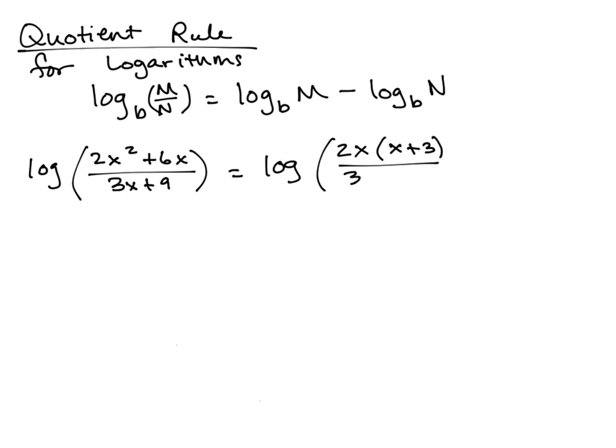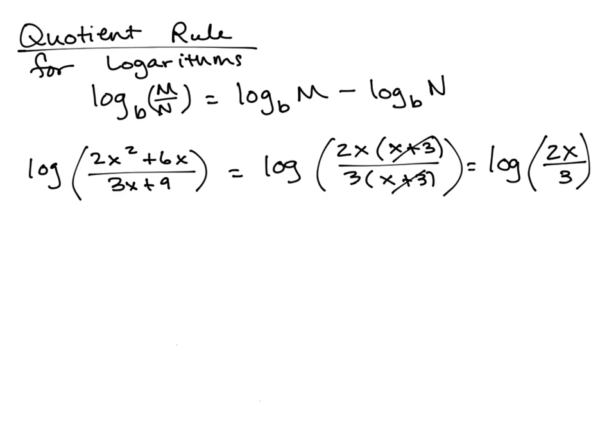Pull a 3, and what's left? If this was rational, I'd have a hole at -3, right? Cancel buddies make holes. But this is not that. We can just simplify it. We can get rid of that piece. So actually, we have log of 2x divided by 3.